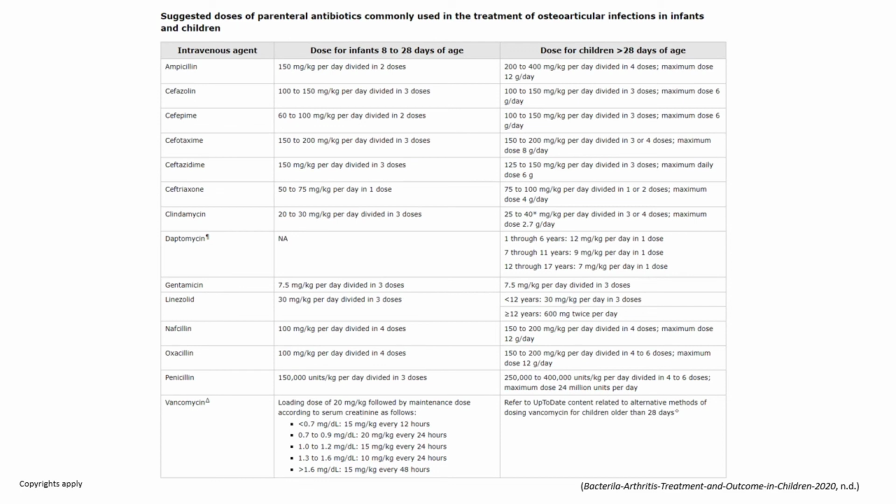For children with septic arthritis and hemodynamic instability who are unable to tolerate penicillin and cephalosporin antibiotics, we use vancomycin in combination with a carbapenem or a fluoroquinolone until gram-negative bacteremia is excluded. This is a table of suggested doses of parenteral antibiotics commonly used in the treatment of osteoarticular infections in infants and children.